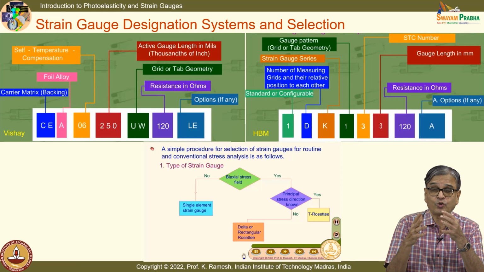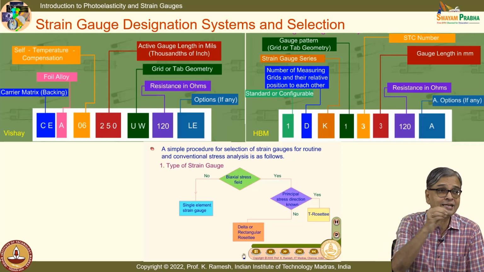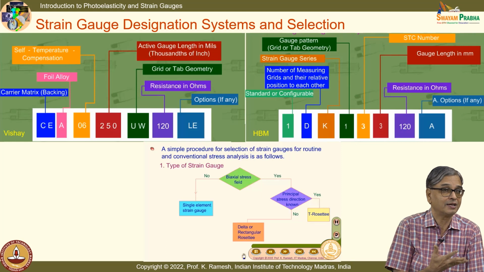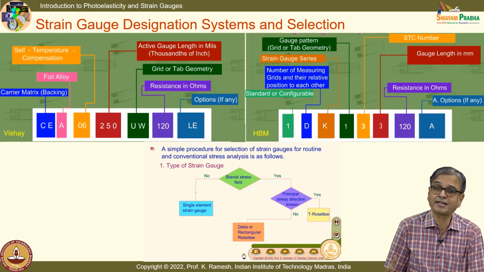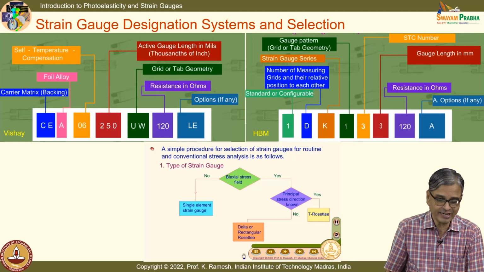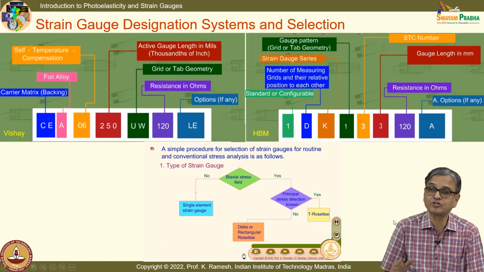Because in a point by point technique, how many points I make the measurement at is going to decide my design of the component once I get the measurement. I have a limitation in how many points or channels I can handle. If I have 3 strain gauges, it occupies 3 channels. If it is 2 strain gauges, it occupies 2 channels of my measurement system.